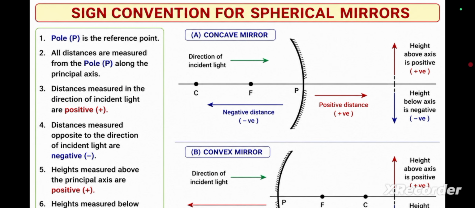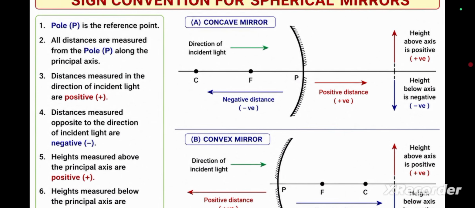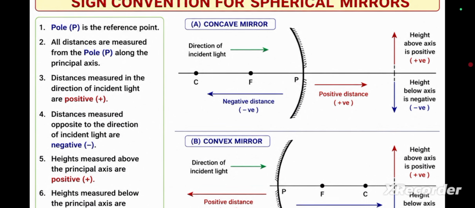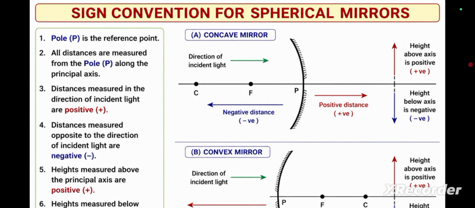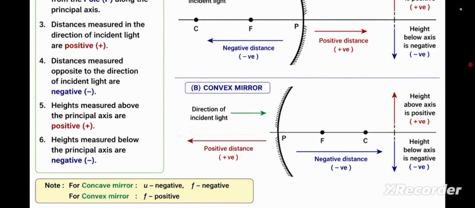That is indicated by the red arrow. Height above the axis is positive in a concave mirror, and height below the axis is negative. In a convex mirror also, height above the axis is positive and height below the axis is negative.